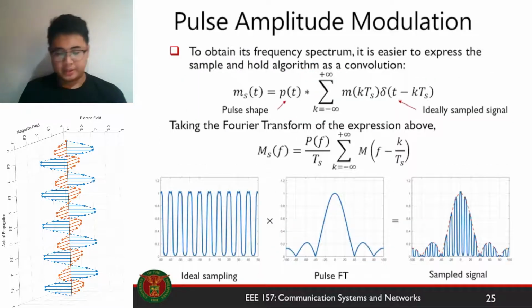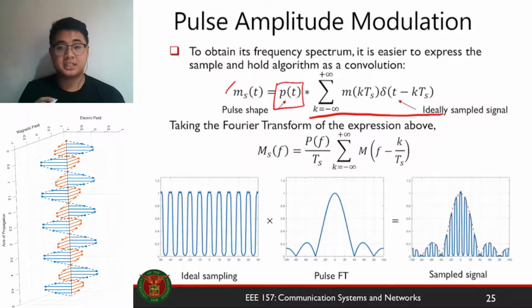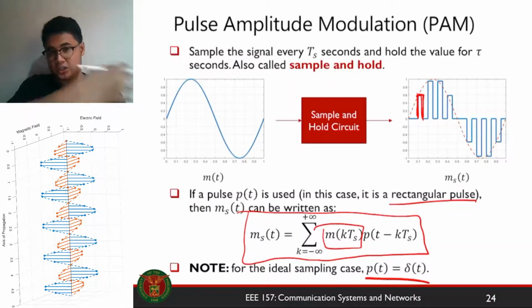Anyway, to obtain the frequency spectrum, we first recognize that your m_s of t, your sampled signal, is the convolution between the pulse shape and the ideally sampled signal right here. So if you perform the convolution, we get this original expression.